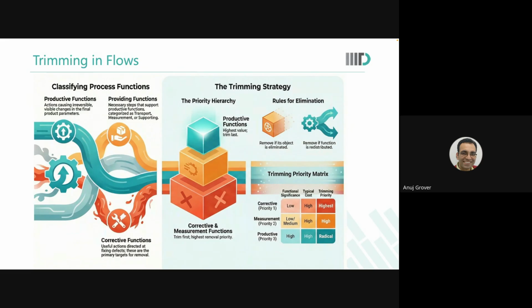Here also, trimming is not a solution finding tool. Trimming is only a tool to identify problems which are easier to solve, so that you do not waste your time and energy on complex problems which will lead to the same outcome anyway. But they are more complex, so more time and resources would be utilized. So trimming is an exercise to simplify your work.